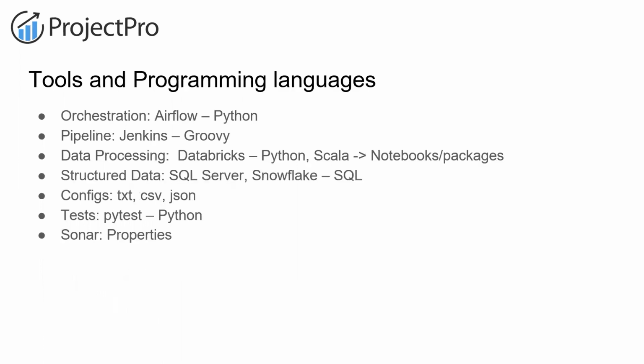And in this pipeline, we see many different tools and programming languages. We have Airflow, where we are using some Python scripts, and the pipeline will be built using Groovy script. For data processing, as mentioned, we have Databricks, and in Databricks we might handle some Python and Scala notebooks.